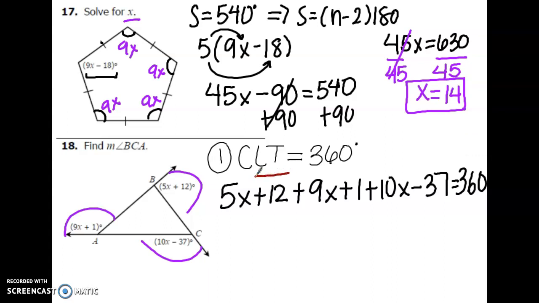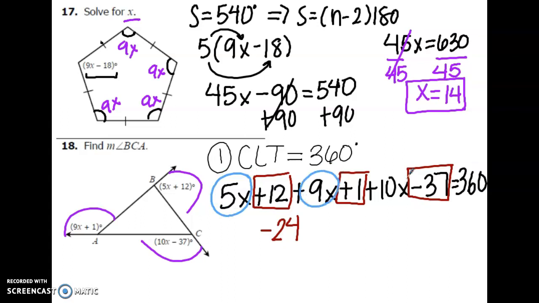So I am going to box all my numbers, and I'm going to combine them. On my calculator, I'm going to click 12 plus 1 minus 37, and that should give me a negative 24. Then I'm going to circle all my x's. So 5, 9, 10. All of those are positive, and that should give you a positive 24x. Still set that equal to 360. 2 steps here.